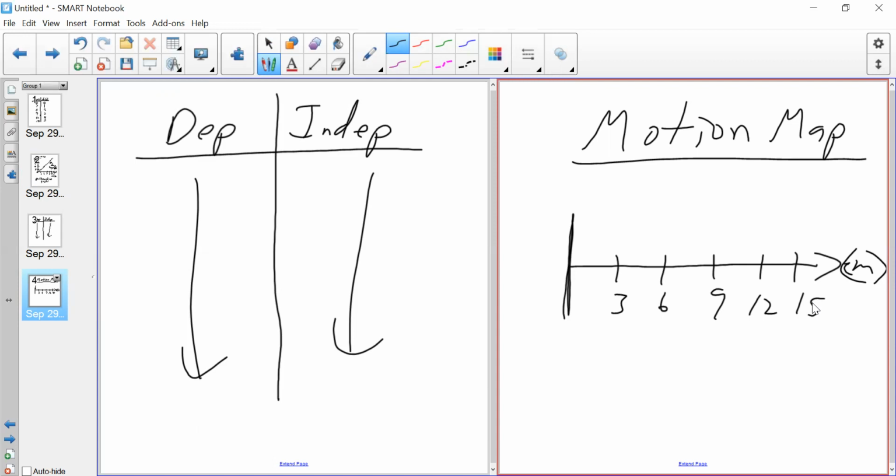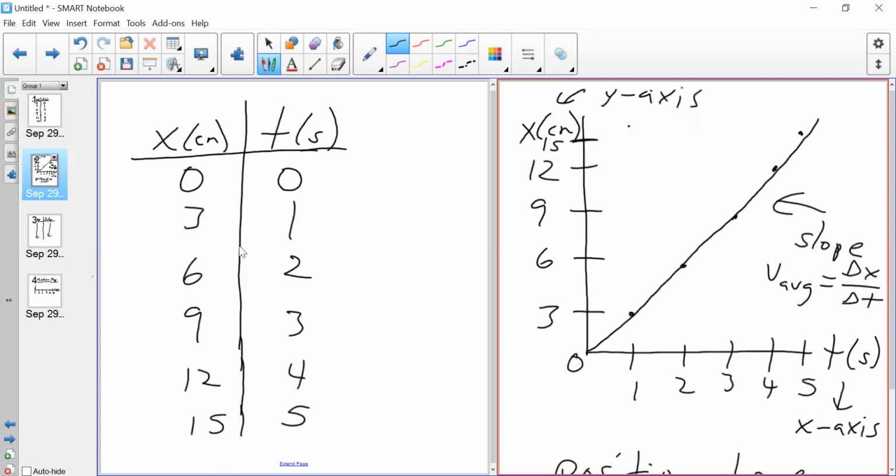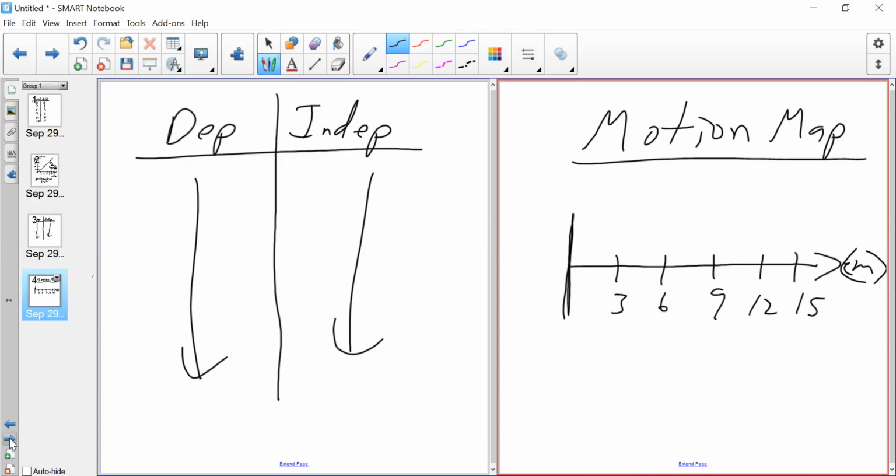So it's going to be every second. So after the first second, we draw an arrow at 3 because we see, at least from the data table, after the first second, we're at 3 centimeters. After the second, 6, and so on. It's pretty uniform.